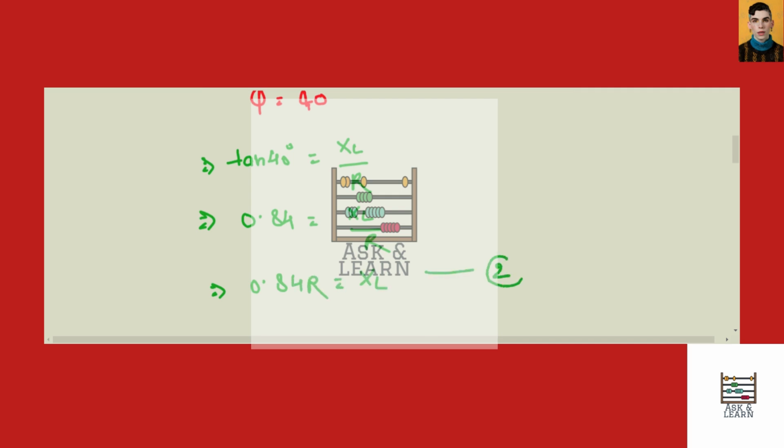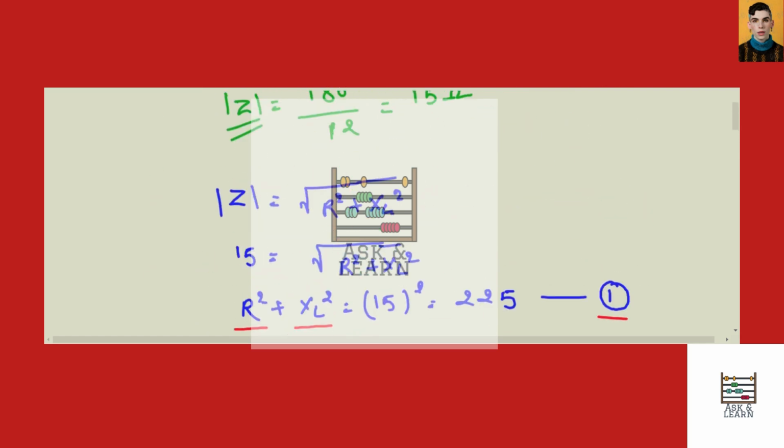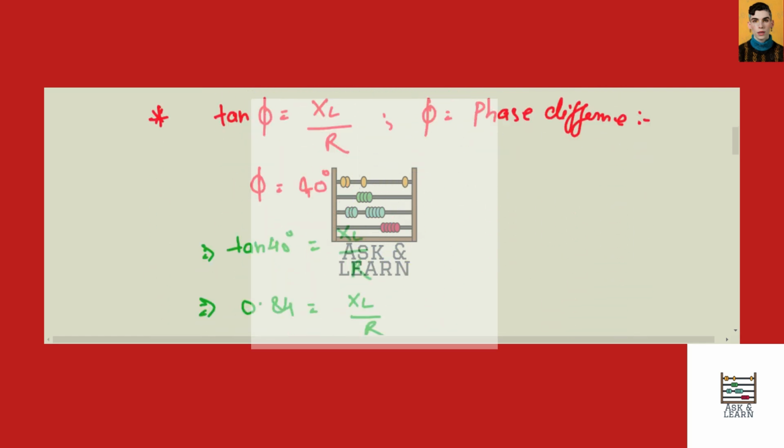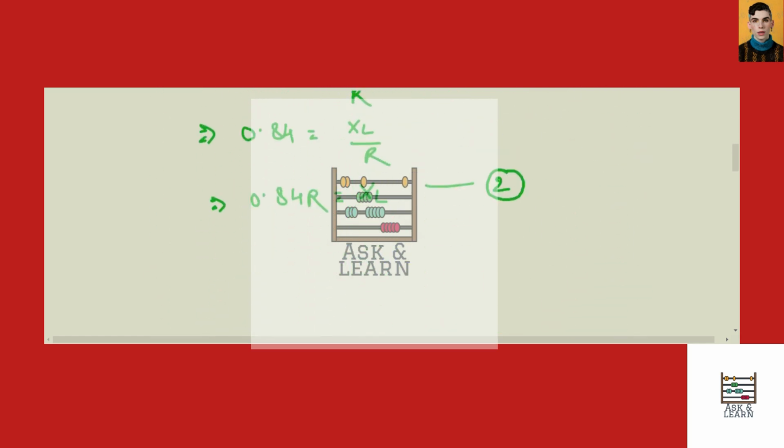So now what we need to do is just solve these equations, first and second. I'm not going to solve numerically, and I'm just writing the direct answer. You can solve both the equations and you will get the final values of R and XL separately.